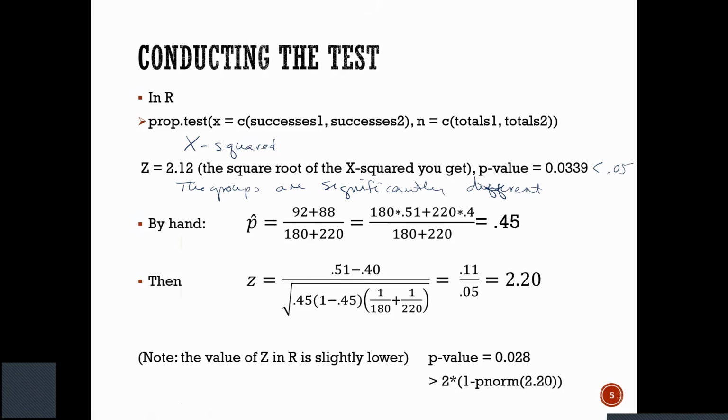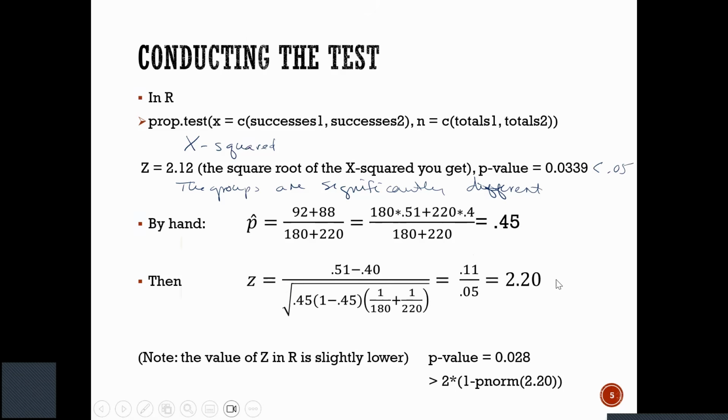If we want to work out the formula by hand, then here are the incidence rates, 92 and 88, which is 180 times 0.51 plus 220 times 0.4, all over 180 plus 220, which is the 0.45 pooled estimate that we looked at before. And then z is the difference, and remember that's the same as the point estimate we got for the confidence interval, divided by the square root of 0.45 times 1 minus 0.45 times 1 over 180 plus 1 over 220.